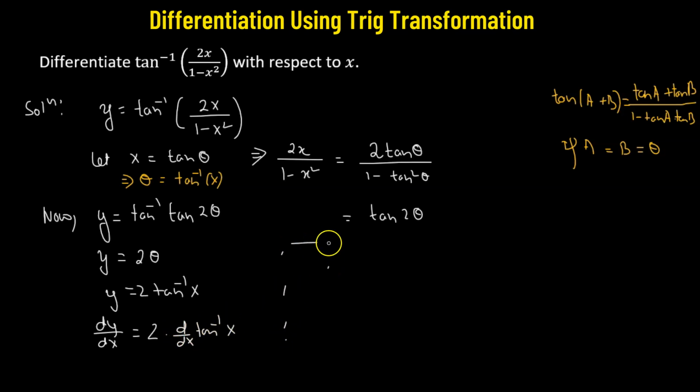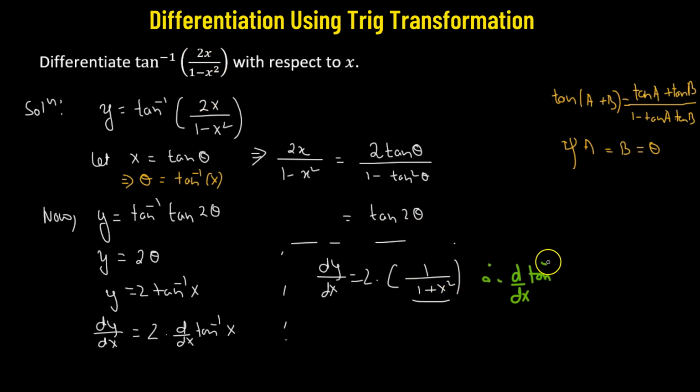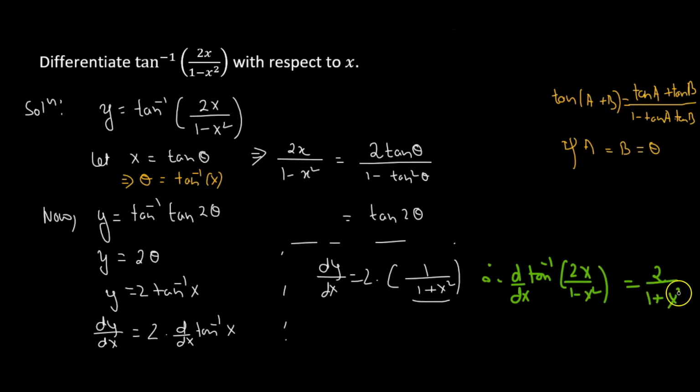So that gives us dy over dx equals 2 multiplied by 1 over 1 plus x squared. So this is the derivative of the inverse tangent function. Therefore finally we can say the derivative with respect to x of inverse tangent of 2x over 1 minus x squared will be equal to 2 divided by 1 plus x squared.